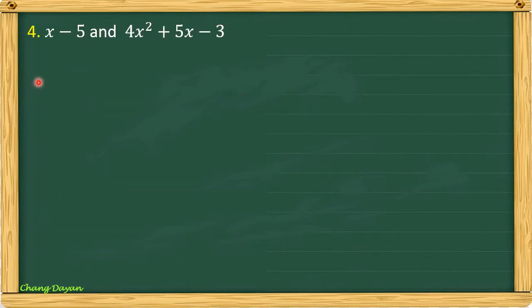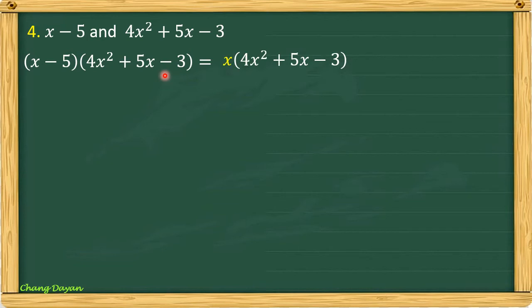Next, number 4. Now, we will multiply here binomial by trinomial. So, x minus 5 multiplied by 4x squared plus 5x minus 3. Applying groupings. So, we'll multiply x to 4x squared. We'll get 4x cubed.